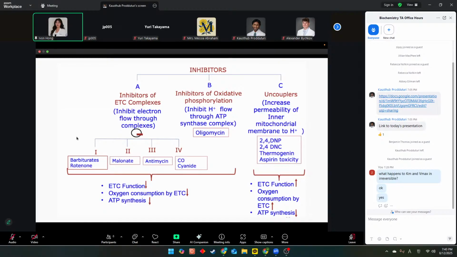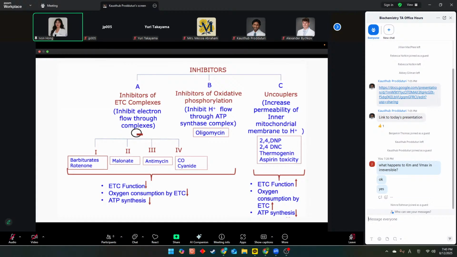For the inhibitors, the main function is that they're stopping something in the path of the electron transport chain, so they're blocking electrons moving through the chain. It could be blocking at complex 1, 2, 3, or 4. I don't know why I put 5. Because they're blocking electrons from moving through the chain, it essentially reduces the function of the electron transport chain.